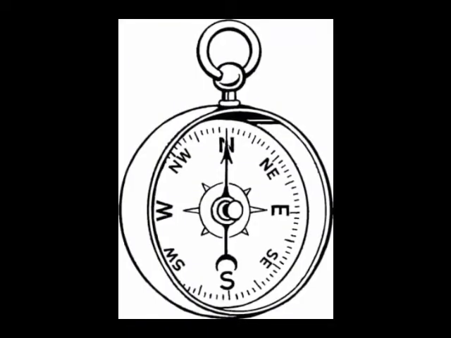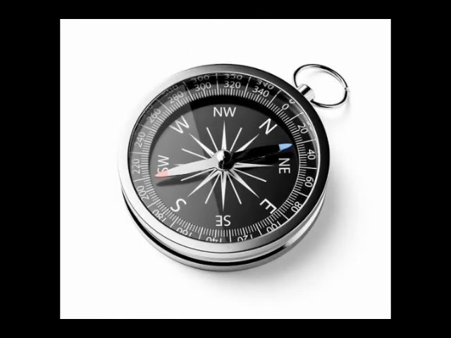It is an instrument used to find direction by means of a needle that always points north. The compass case is made of non-magnetic material like brass, wood or plastic and is sealed by a cover glass. Inside the case, a magnetic needle is balanced at its center on a pivot so that it may swing freely.